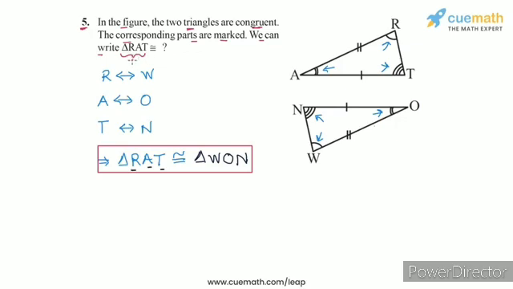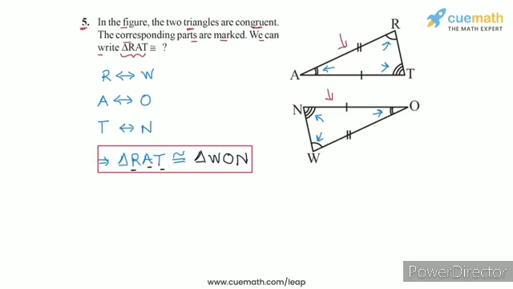Now, one trick that I use when I have to compare two congruent triangles which are not in the same orientation. In this case, the problem is that triangle RAT and triangle WON are not in the same orientation. So we have to carefully compare the vertices. But one thing that we can do, and which I often do, is in my mind, I reorient or rotate one of the triangles so that it is in the same orientation as the other triangle, because then the vertices are easy to compare.